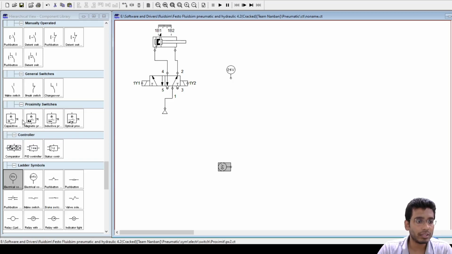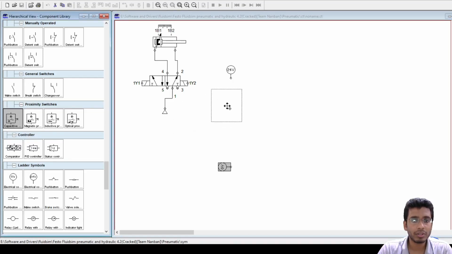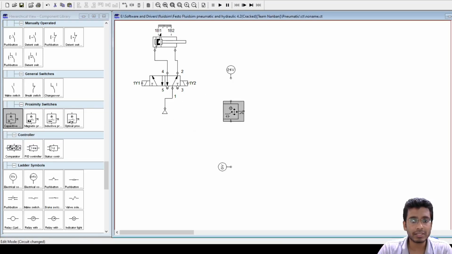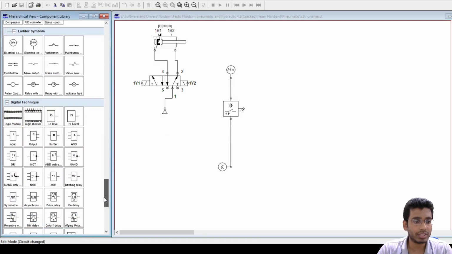and what we will do, we'll start with all the sensors first. So first we'll make the connection for the sensors, right? And for each output, since we'll be actuating it with indirect control, we'll be using relays for each sensor's output.